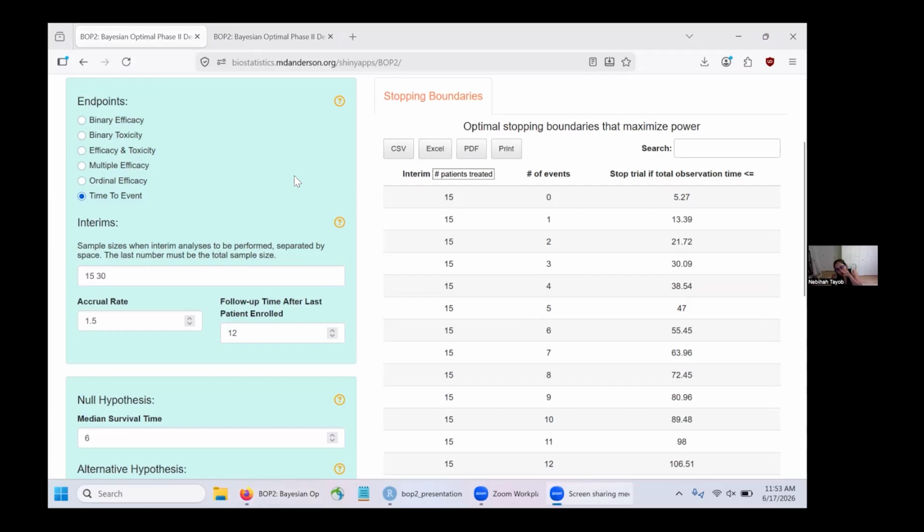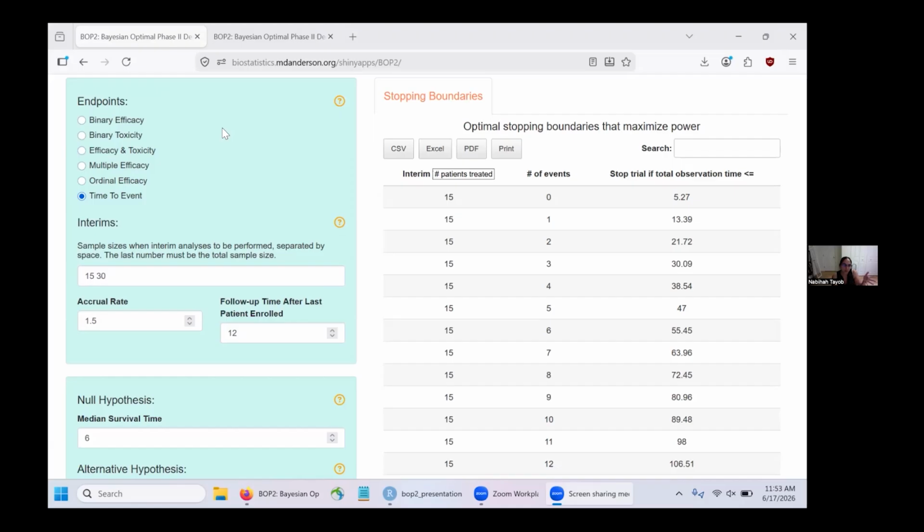Can I clarify how this would be implemented? You have to treat your required number of patients in this case, right? You have to treat 15 patients and then wait and observe how these events occur. It's not like a binary endpoint where, let's say your threshold is 2 out of 12, and you treat the first 5 patients and you get 2, you've already hit 2 and then you can continue.